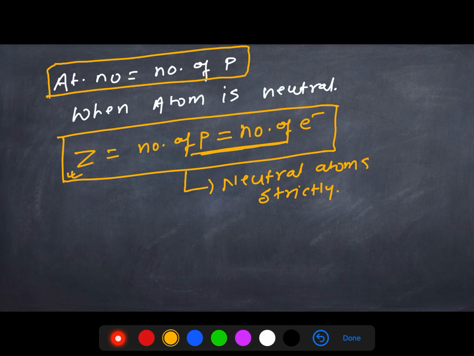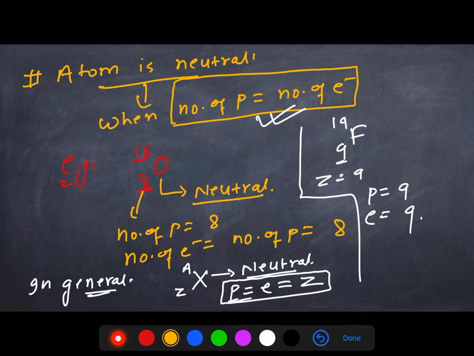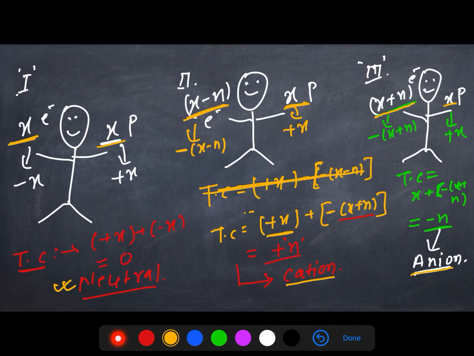This is universal. This is true whether it's an ion or neutral. But this particular thing, the number of protons equal to the number of electrons, will just be for the neutral atoms, right? Fine. So first thing we saw is that any atom is neutral when the number of protons is equal to the number of electrons. Now, in scenarios 2 and 3, what do we see? That the number of protons and electrons are not equal.